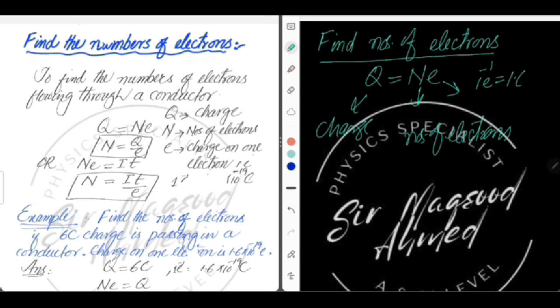Its value is 1.6 × 10^-19 coulomb. The mathematical formula to find the number of electrons is N = Q/E.